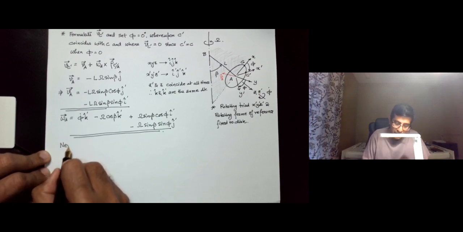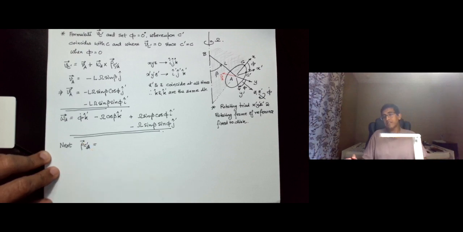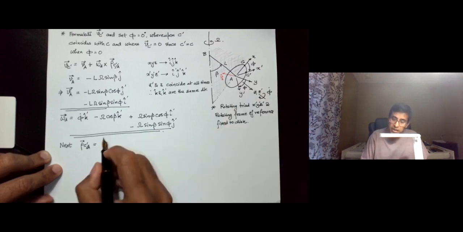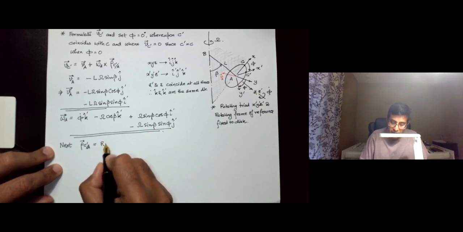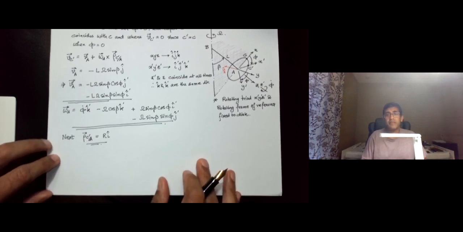Next we have rho c prime with respect to A. Since our triad is fixed to the disk, c prime with respect to A is R i prime. So we now have all the three vectors.